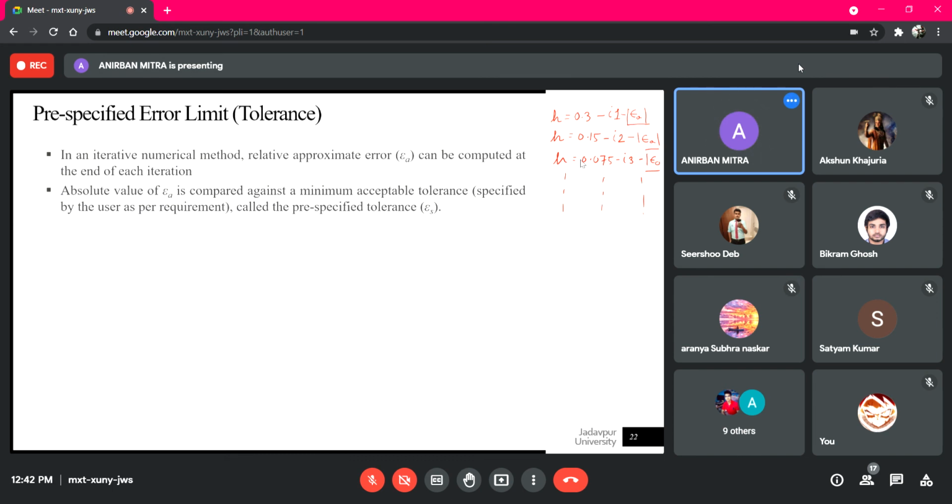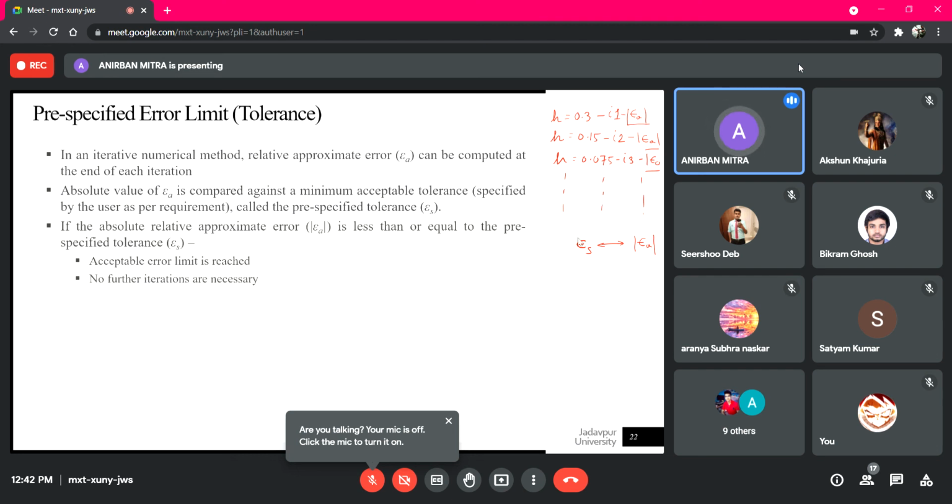This is called the pre-specified tolerance epsilon s. At each step, we compare epsilon s against epsilon a. If this absolute approximate error becomes less than or equal to this specified tolerance, then we say that the acceptable error limit is reached.